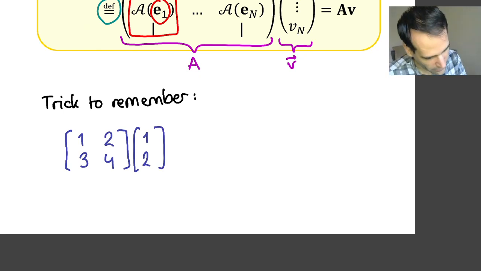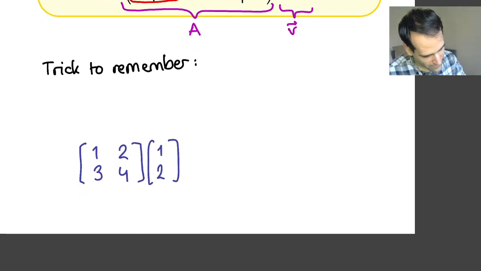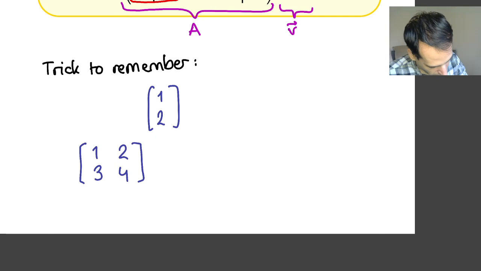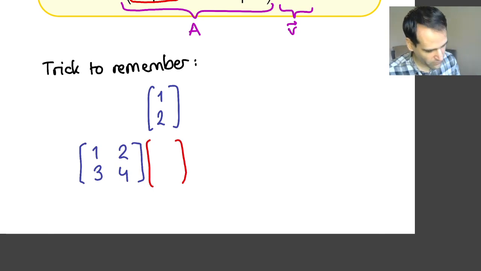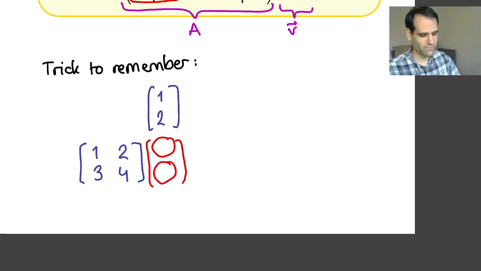Let me move this here, and now I'm going to move the 1, 2 vector and slide it up like that. And this means that I leave an empty space here. And this empty space has 2 slots, right?